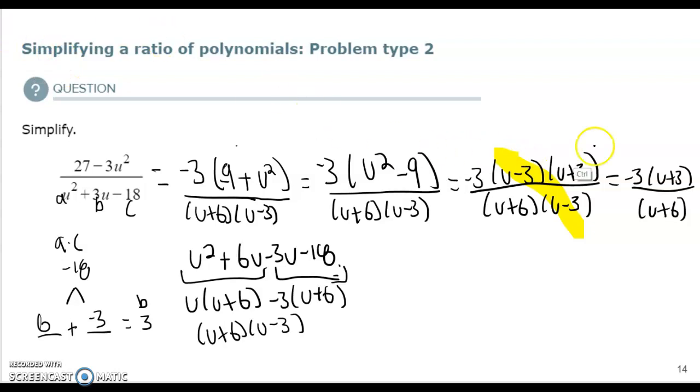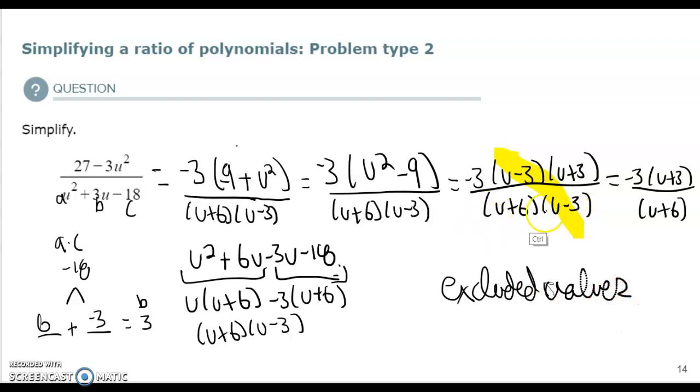Okay, so this is what we should have gotten. And I want us to take a second to talk about what the excluded values would be. So remember, excluded values are anything that would cause the denominator to equal 0.